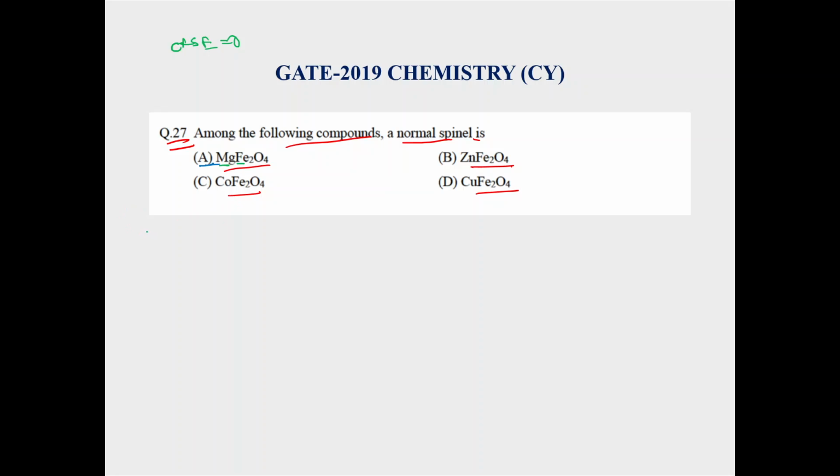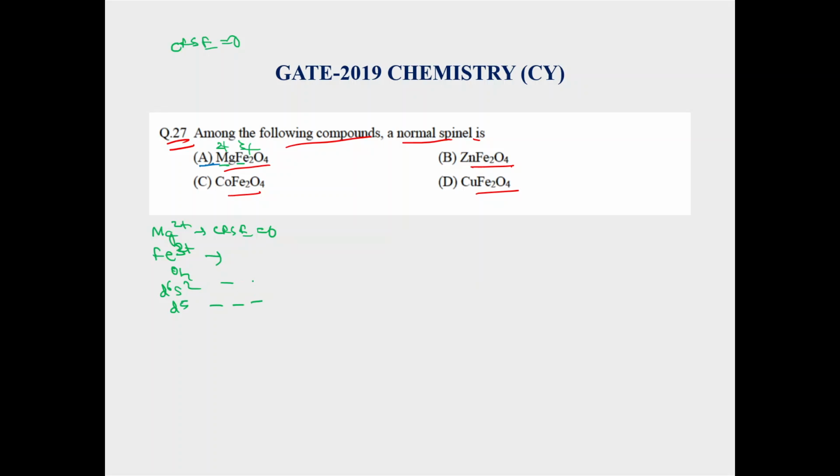Magnesium is a non-transition element, so for Mg2+ we have a CFSE value of 0. For iron, it will be Fe3+, right? So this is Mg2+ and Fe3+. For the Fe3+ octahedral complex, what will be the CFSE value? The electronic configuration for iron is d6 4s2, so for Fe3+ it will be a d5 system.